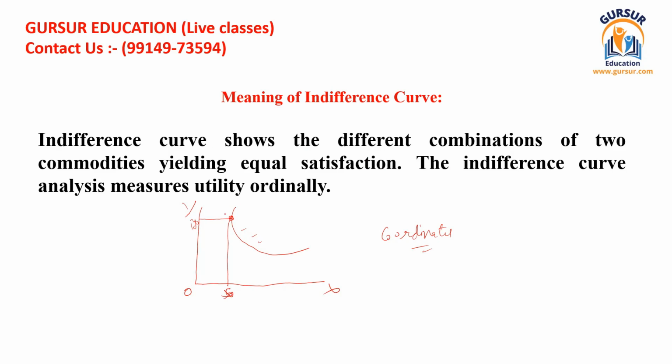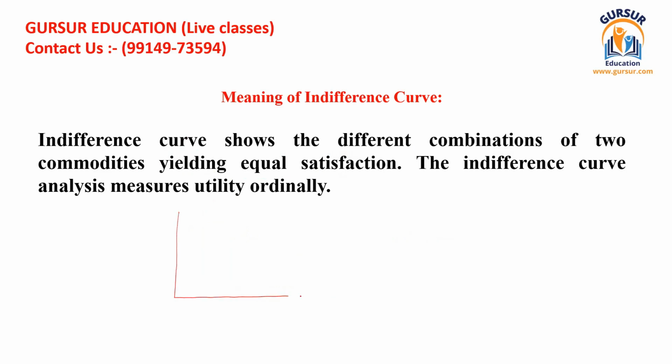I have explained the curve, and now what is the meaning of an indifference curve? I'm going to explain it right now. An indifference curve shows different combinations of two commodities yielding equal satisfaction. So this is talking about equal satisfaction with different combinations.